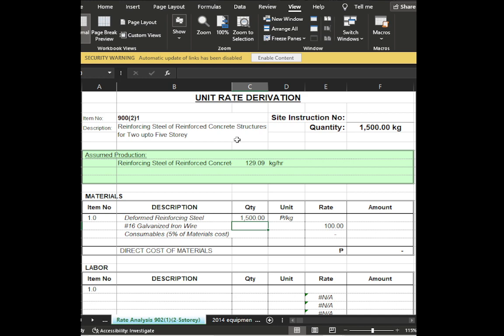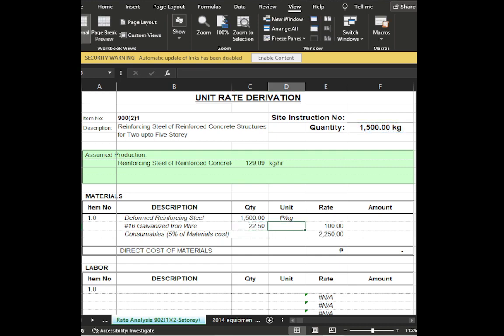So the galvanized iron is 0.015 of the total weight of the steel, the quantity that you are going to get. This is the factor 0.015 of the total quantity of steel.